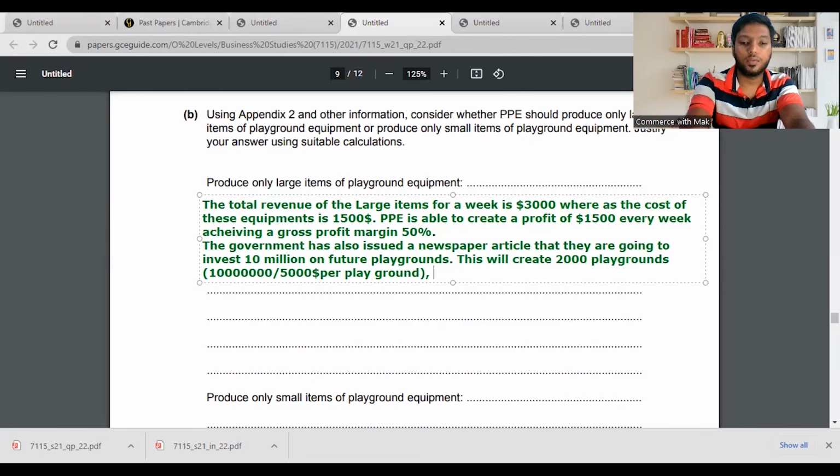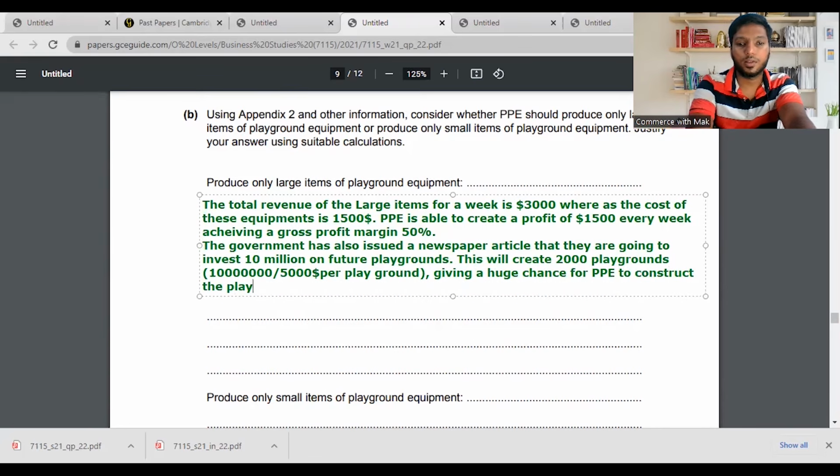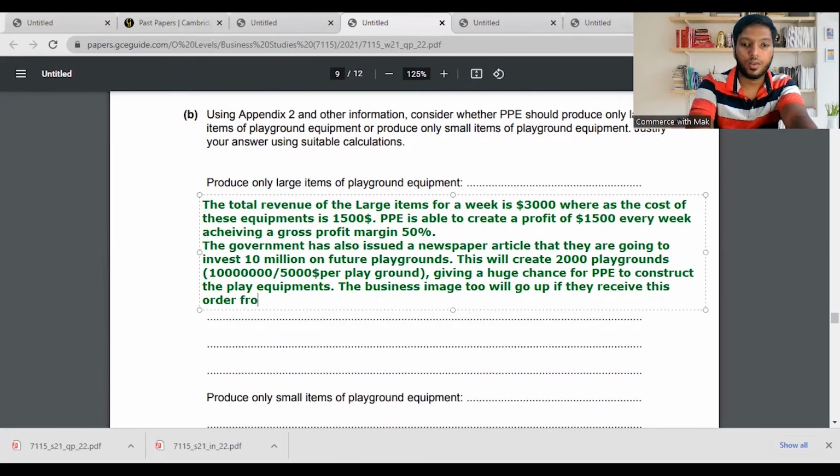So giving a huge chance for PP to construct the play equipments. The business image will go up if they receive this order from the government.